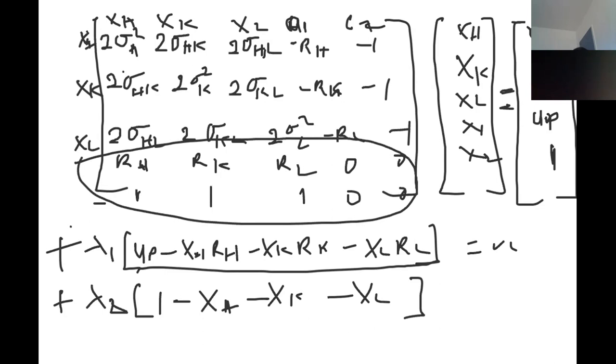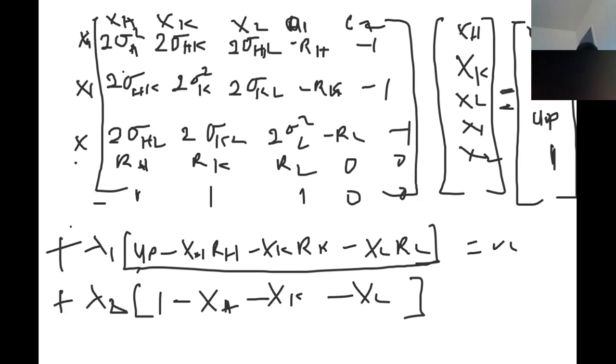So look at this. This is what we have here. In this case we have 5 different variables: X_H, X_K, X_L, lambda 1, lambda 2, right?